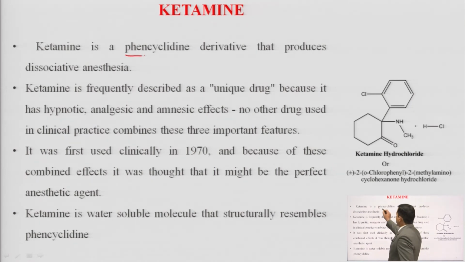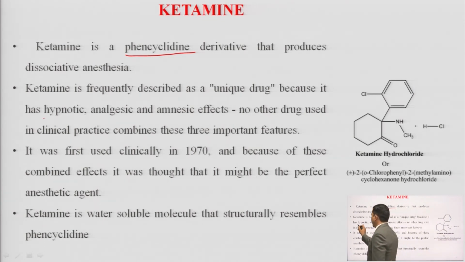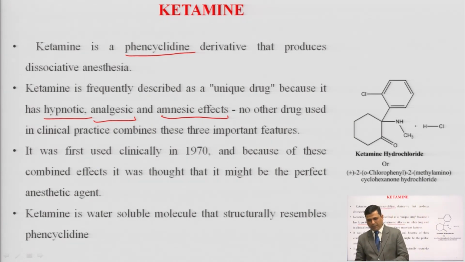It is described as a unique drug, because this single drug is used for hypnotic, analgesic and amnesic effects. No other drug used in clinical practice combines these three important features.